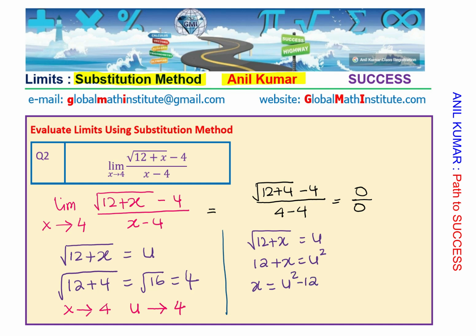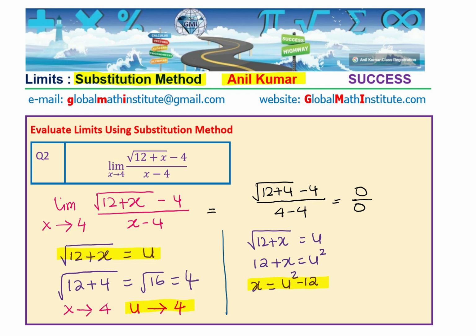Makes sense. So in this substitution, we will replace square root of 12 plus x as u, we will replace x with u square minus 12, and the limit becomes u approaching 4. Makes sense. Correct? So these are the substitutions which we are going to make.